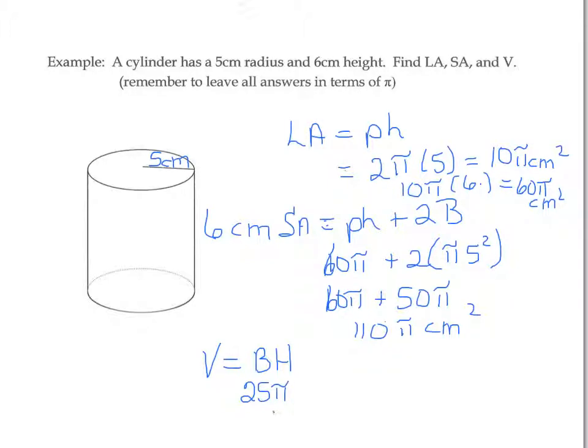And what was the height? 6. This time I get it right. So this is equal to 150 pi centimeters cubed for the volume of that right cylinder. The volume's easy. You've already found the area of the base, so we just multiply it by the height.